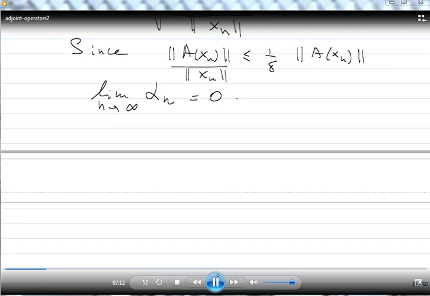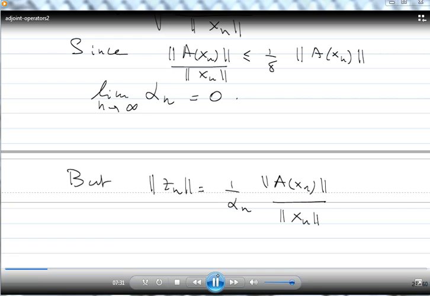Excellent. Now, the norm of A of zn is equal to 1 over alpha n, norm of A of xn over the norm of xn, and this is equal to alpha n squared over alpha n, that's alpha n.